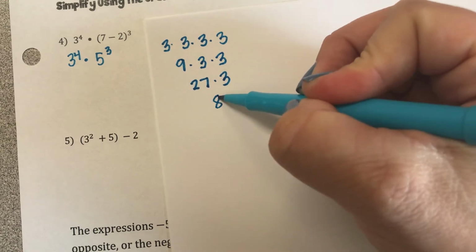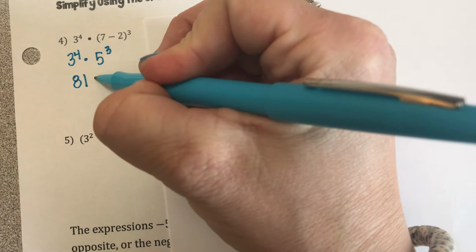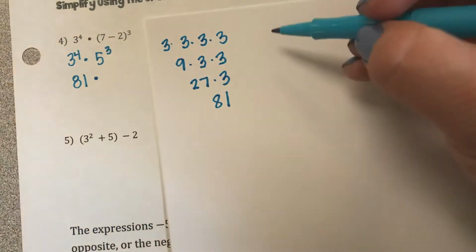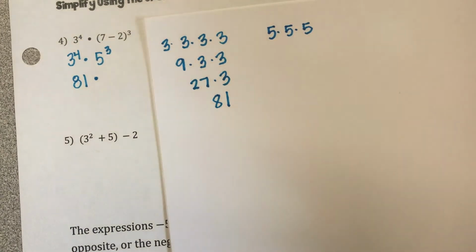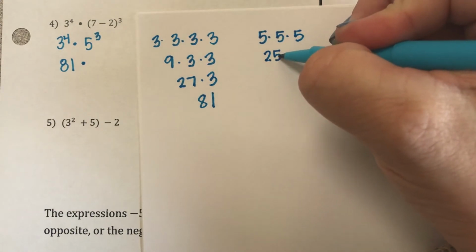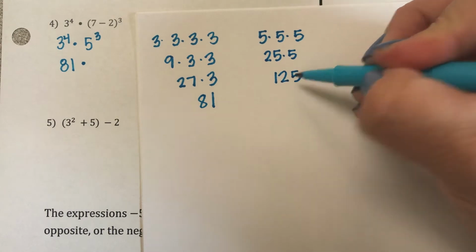And then 27 times 3 is 81. So that gives us 81 times, okay, and then I have 5 to the 3rd power. So that means 5 times 5 times 5. So 5 times 5 is 25. 25 times 5 is 125.